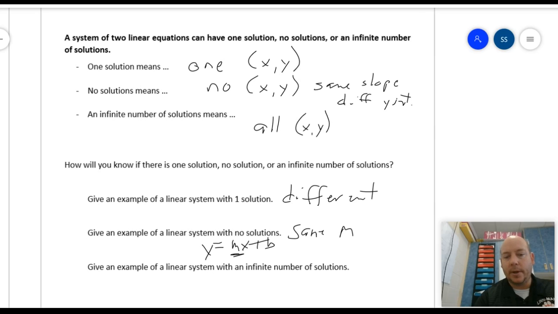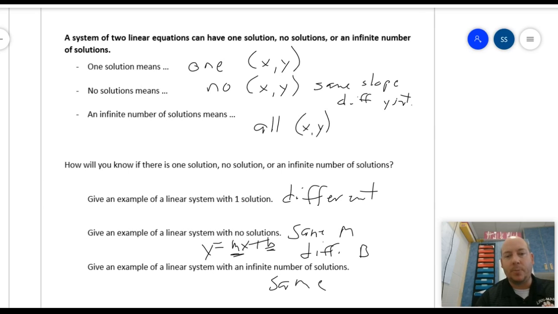Same m, different b. And then a linear system with an infinite amount of solutions is going to be the same equation, okay? Same equation.